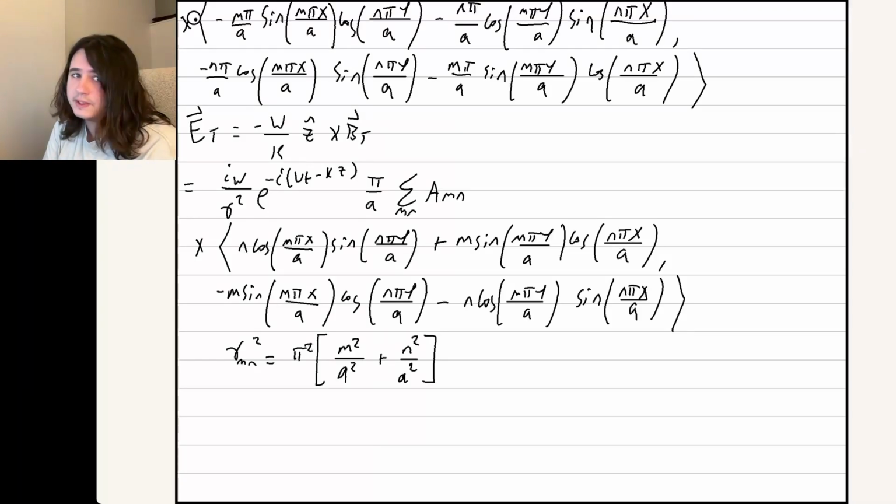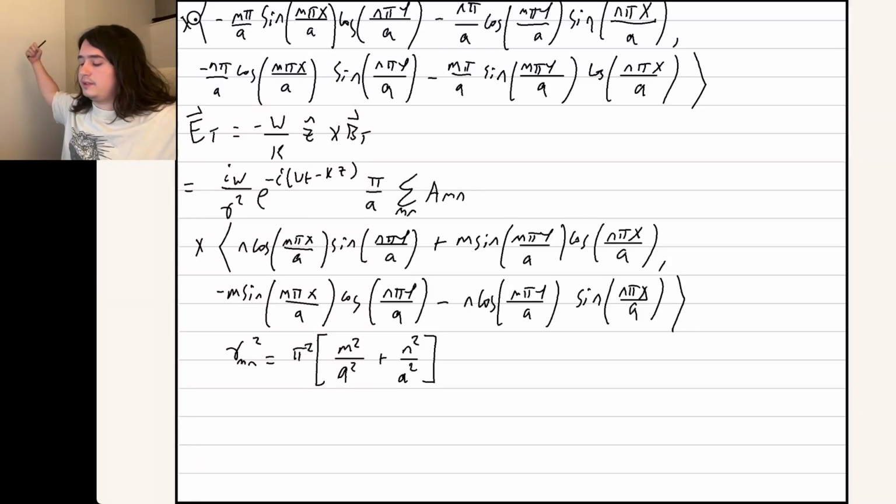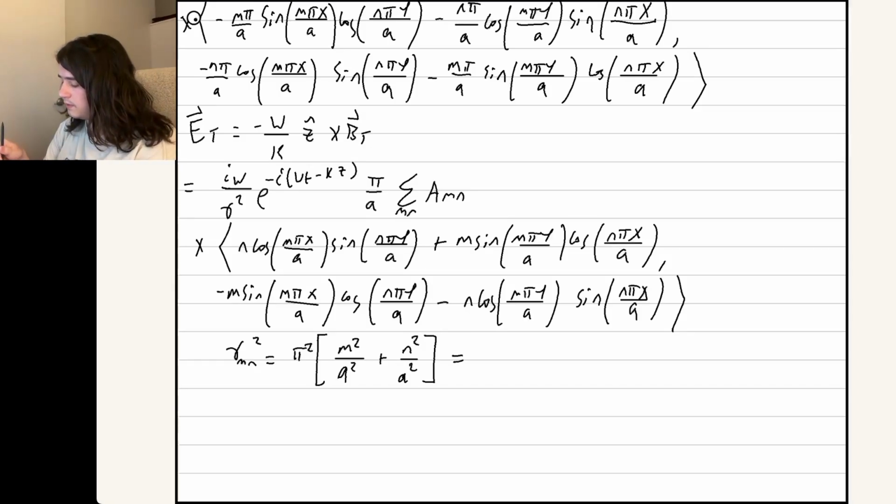And that's actually going to be the same sort of form for gamma for this situation, since we just use symmetry relations for the triangle. The gammas will be the same as that for the square. So we can rewrite this: gamma_mn will be equal to pi over a square root of m squared plus n squared.